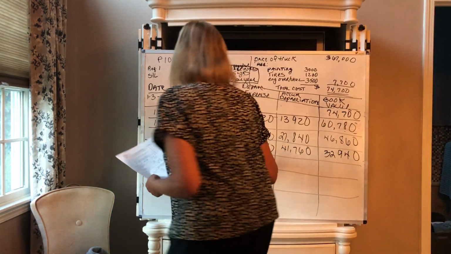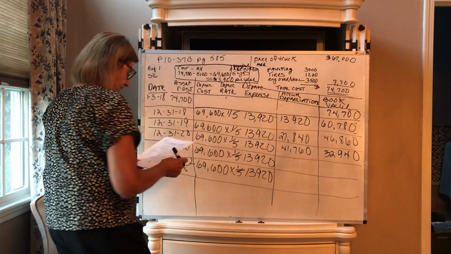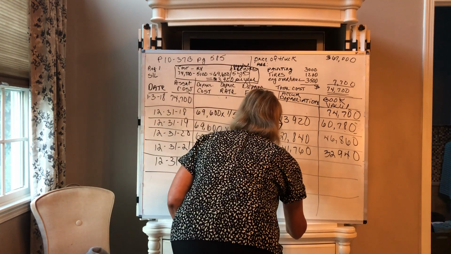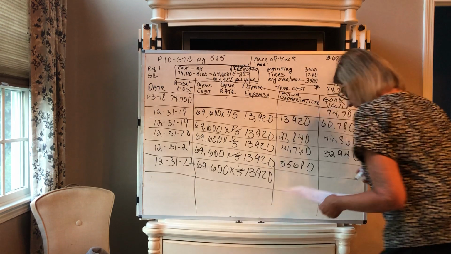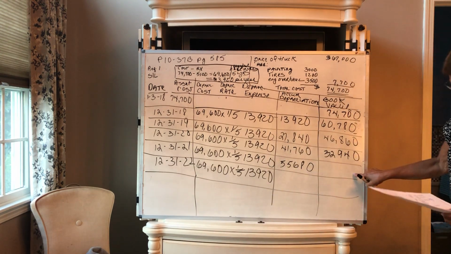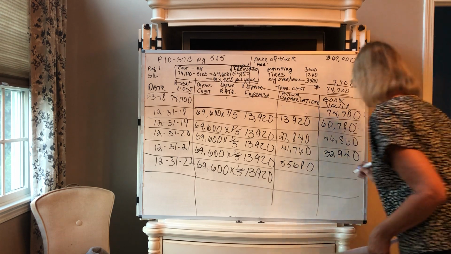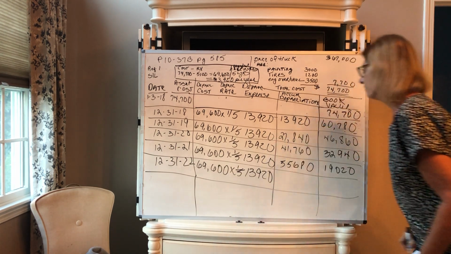Our year 4 in 2021, we add our depreciation expense for year 4, and we're up to 55,680. And book value is coming down to only 19,020. So really came down.